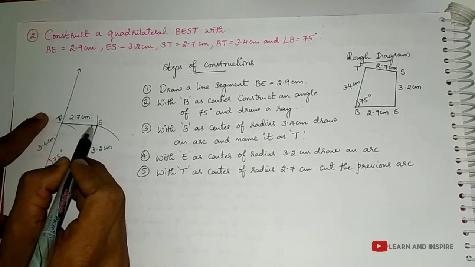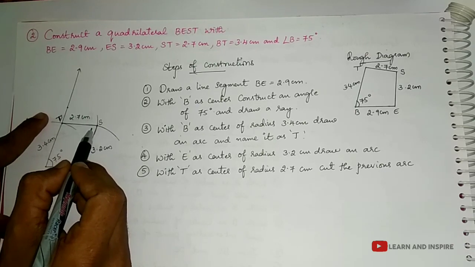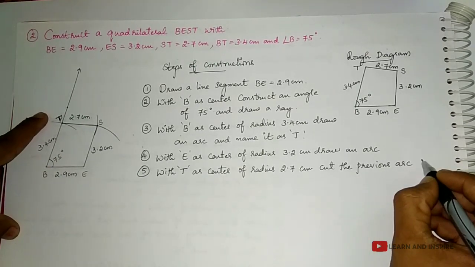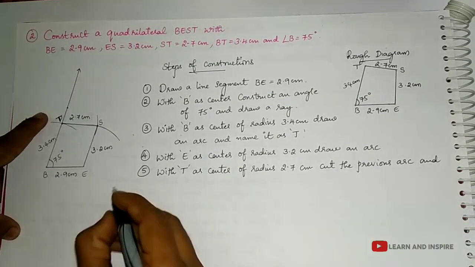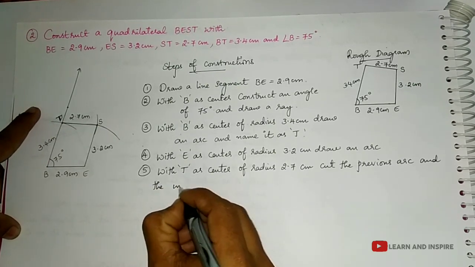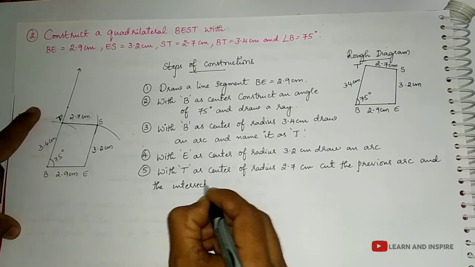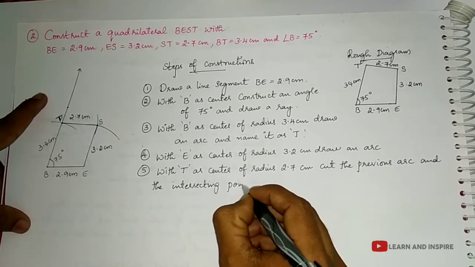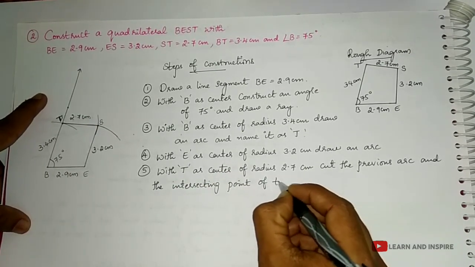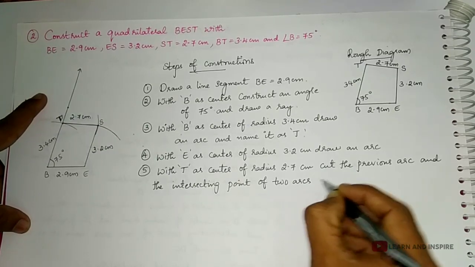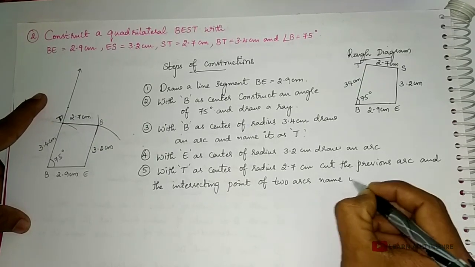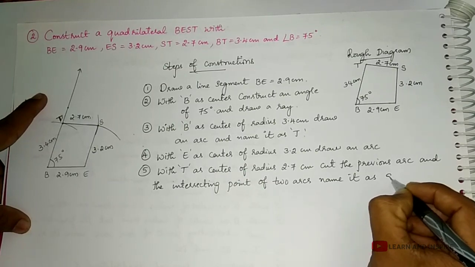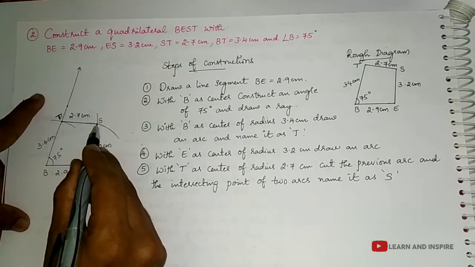So the intersecting point of the two arcs, name it as S.